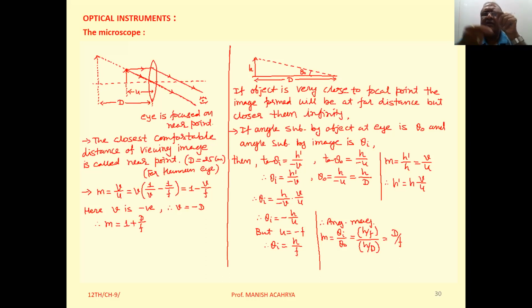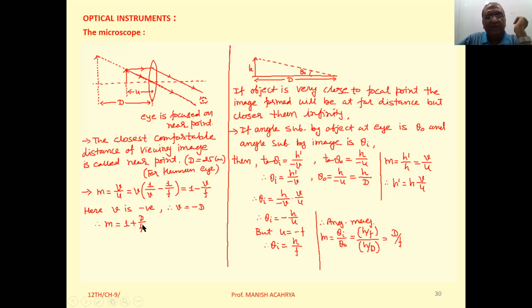And if you place it slightly inside the focal point towards the lens, then image formation will take place towards the object side.